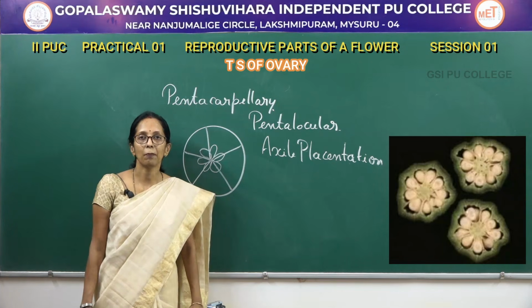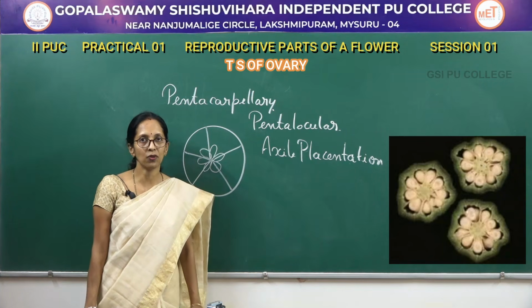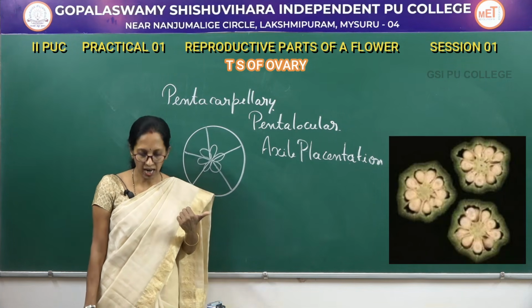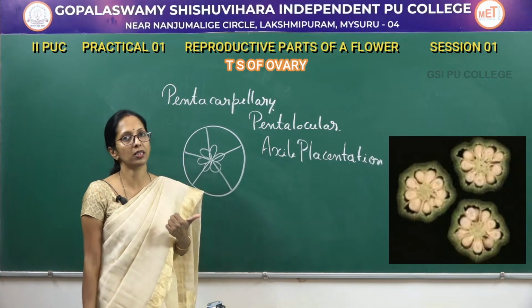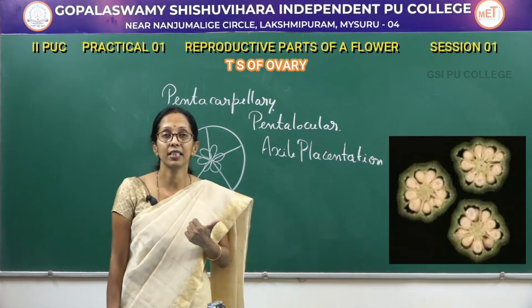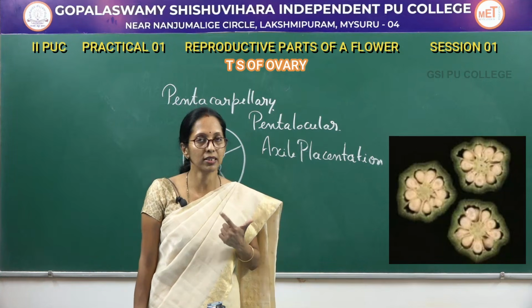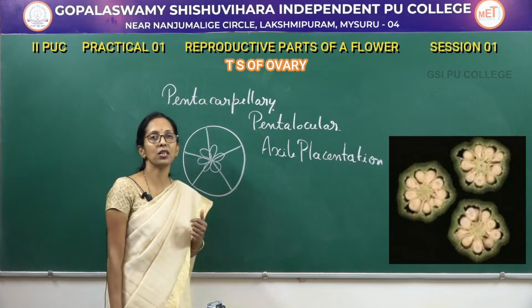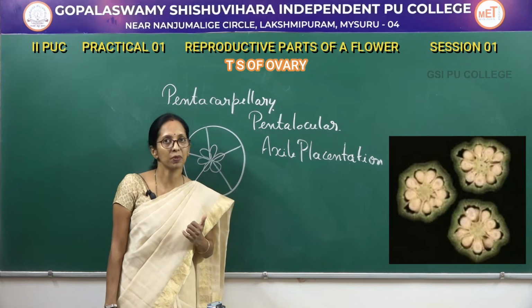So this is about the parts of a flower, which consists of androecium and gynoecium. Androecium consists of male reproductive structures called stamens. Inside the anther there will be the development of pollen grains. In case of gynoecium, gynoecium is also known as pistil.